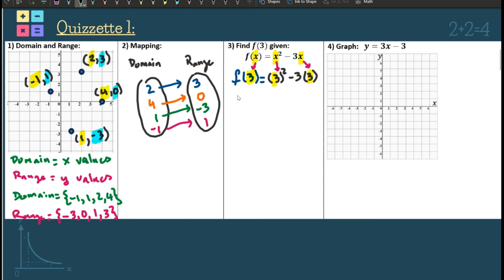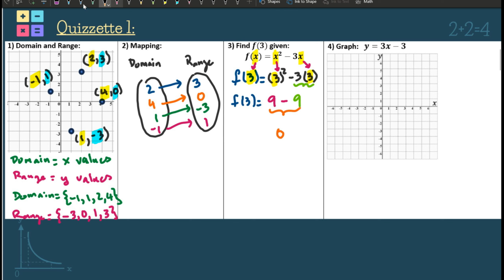So f of 3 is a name. f of 3 equals 3 squared, which means 3 times 3 is 9, minus 3 times 3, which is another 9. So 9 minus 9 is 0.